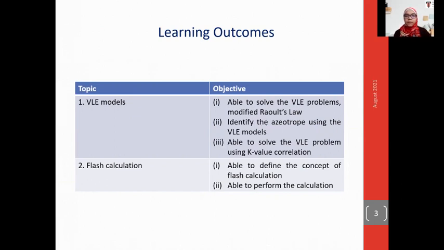We will perform this problem related to the azeotrope and be able to solve the VLE problem using the K value correlation. The last topic is flash calculation. We will learn about the definition and concept of flash calculation and how to perform the calculation using this flash.